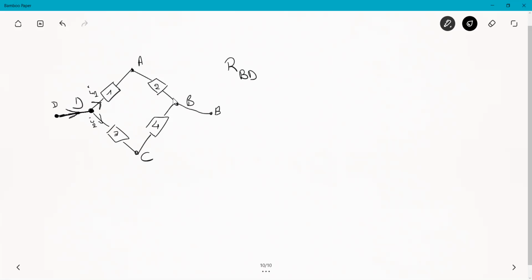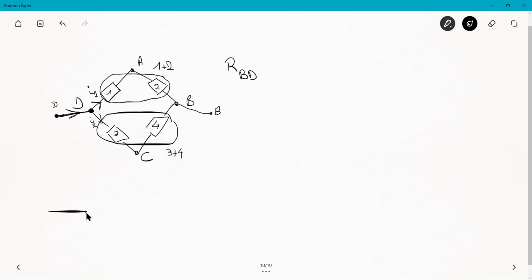There is no node between them. These two resistors are in series, which means that this could be a unique resistor, which is 1 plus 2. Same here, I2 flowing through this and this. You can combine these two. This is 3 plus 4.